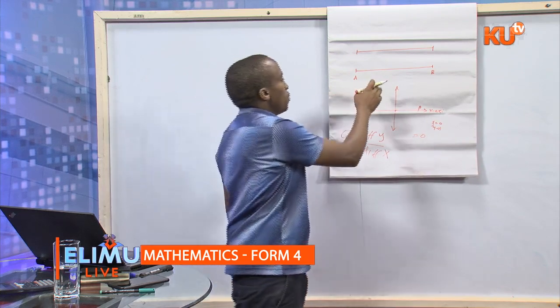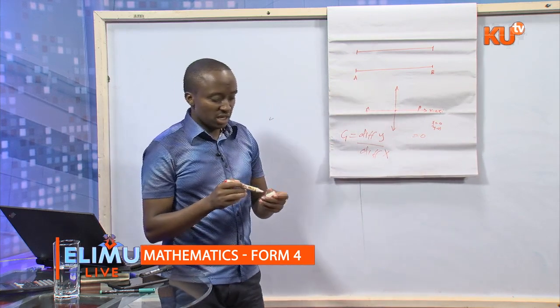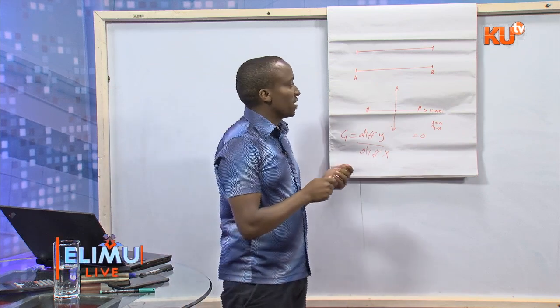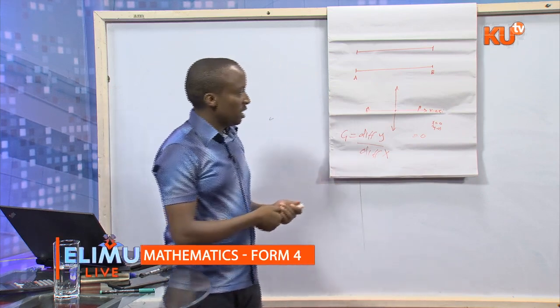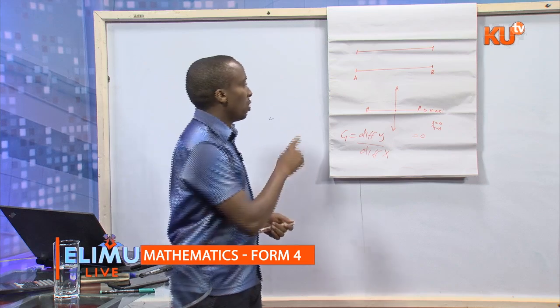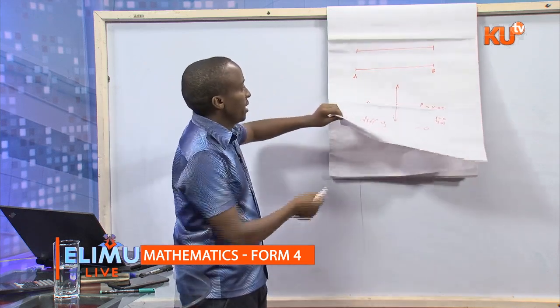So we are able to define what a gradient is. We are able to find the gradient of a given line in a Cartesian plane. Now let us continue to the next step of finding the equation of a straight line.